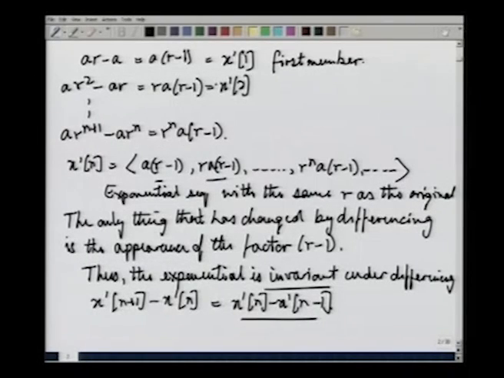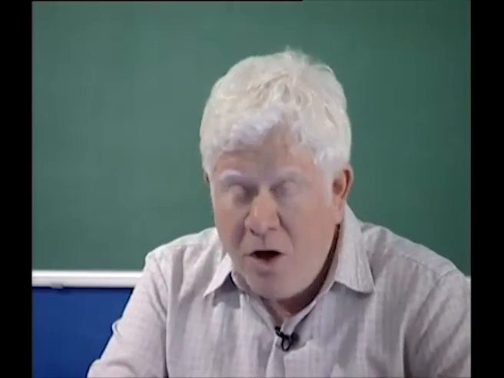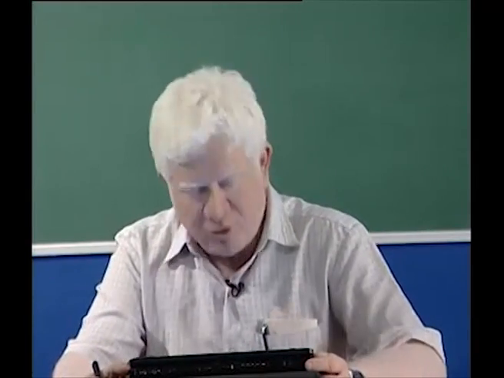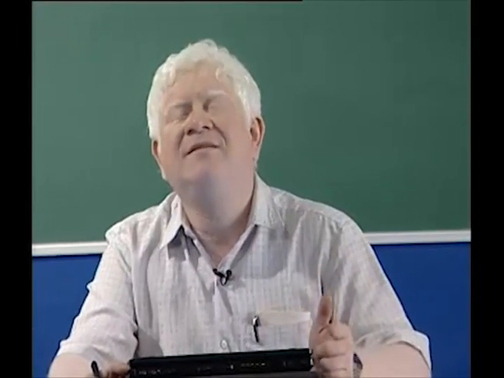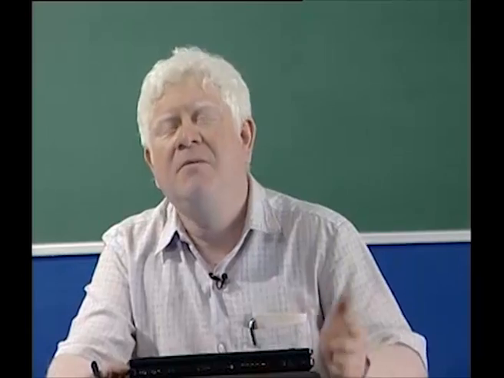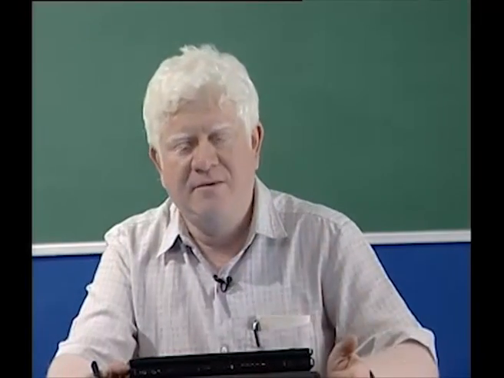Then what happened was, we replaced x n by x n plus 1 and x n minus 1 by x n. Does that difference really matter? It does not, because whatever differencing operation we are doing, we are doing it for all n. So, if you just write n plus 1 equals m, then you will get the same form as before. You will get x m minus x m minus 1 equals x n plus 1 minus x n.